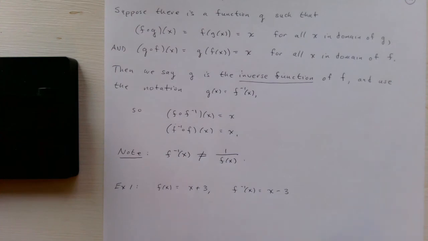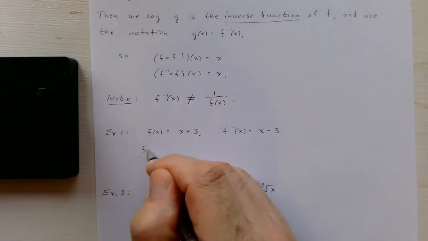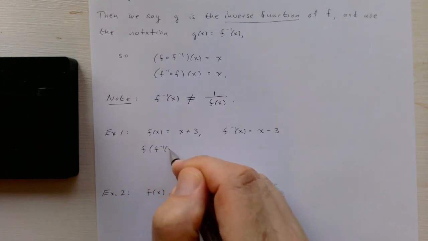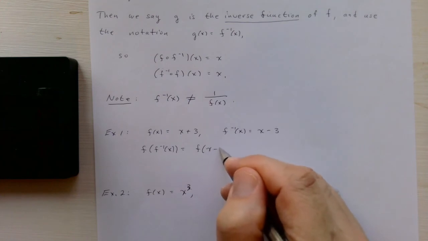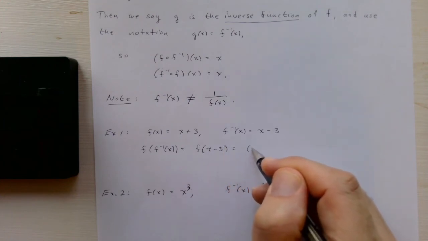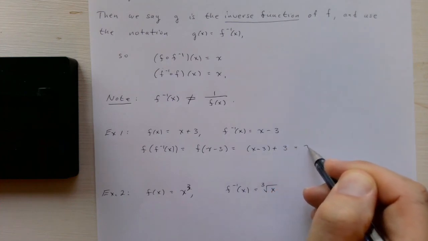Okay, as an example, we can see that x plus 3 and x minus 3 are inverses of each other, because if we compose them, we get f of x minus 3, and so it's x minus 3 plus 3, and we get x.